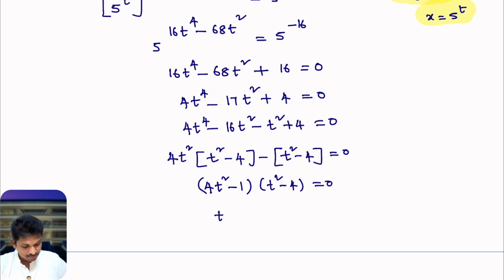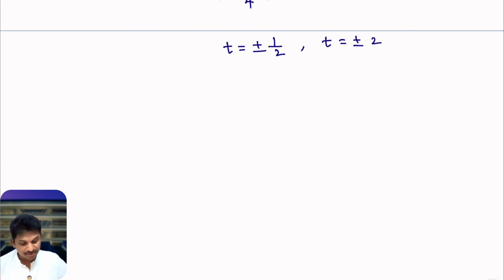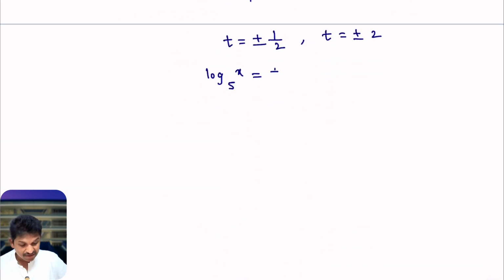So what is t square? t square equal to 1 by 4, t square equal to 4. What is t? Here we got the t square value. t is plus or minus 1 by 2, t is plus or minus 2. What is t? t is log x base 5. Log x base 5 is plus or minus 1 by 2, log x base 5 equal to plus or minus 2.